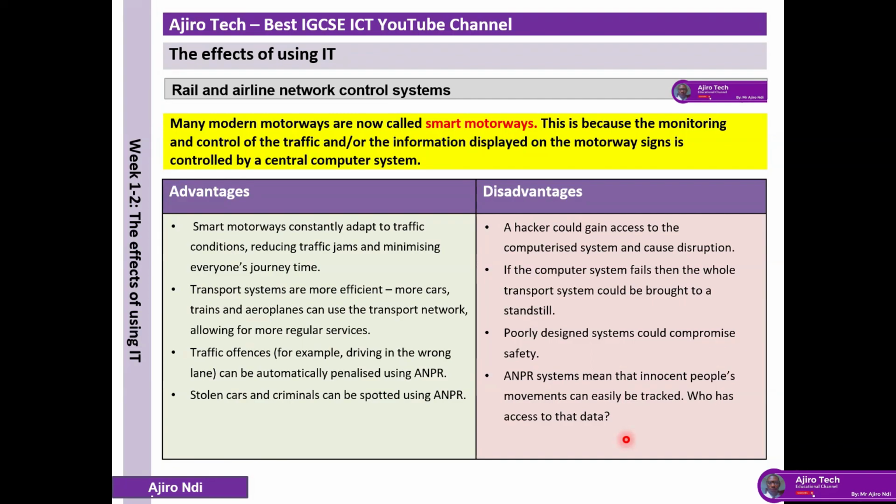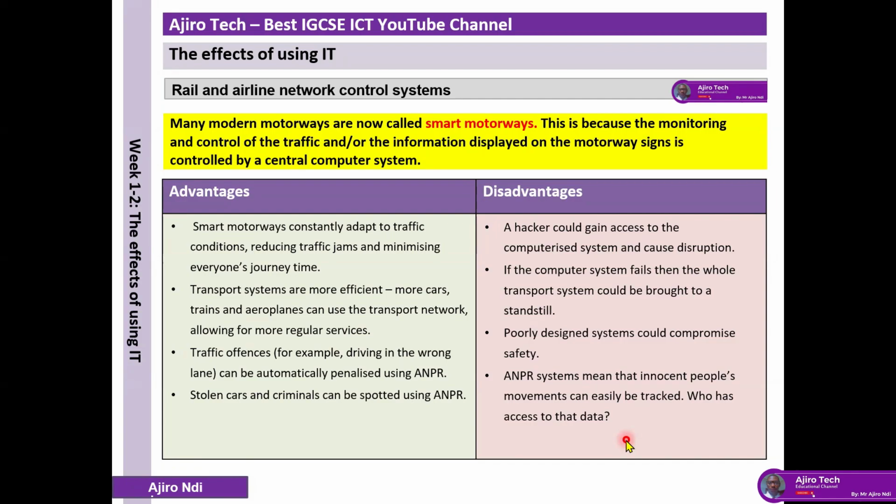If the control system fails, the whole transport system will be brought to a standstill. You know what I'm talking about? Imagine if the traffic light just goes off. It's showing green, then yellow, and then goes off. What happens?